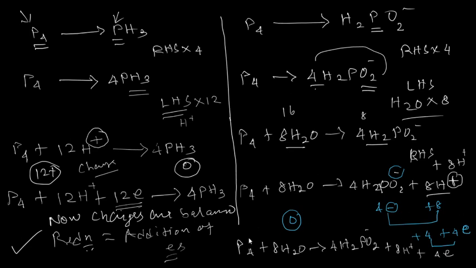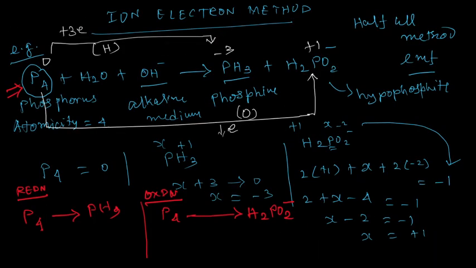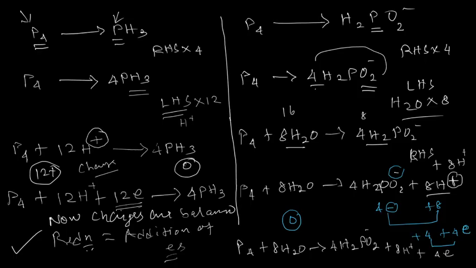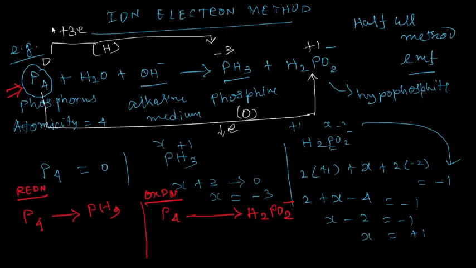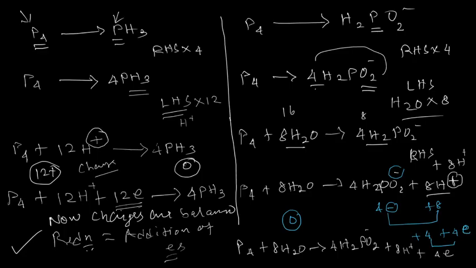Now we have to add OH minus ions on both sides. We are adding this OH minus because it is an alkaline medium. For alkaline medium, we have to add OH minus ions on both sides to balance it. OH minus plus OH minus, and on the RHS side plus OH minus.